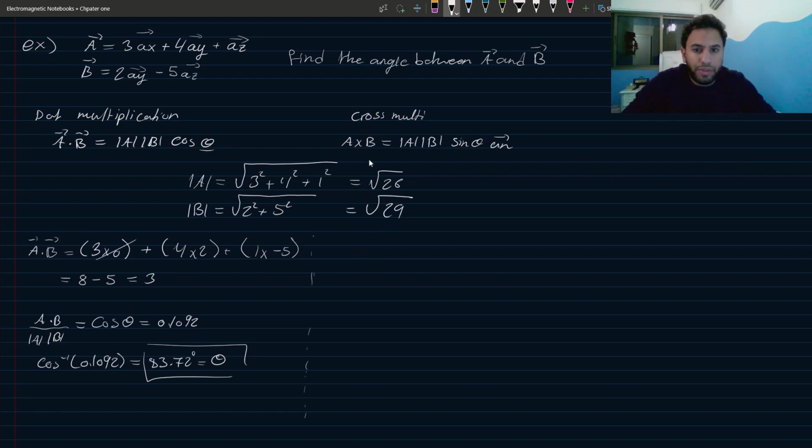First of all, what we need to do is A cross B. So A cross B is equal to the unit vectors AX, AY, AZ, then we write the components of the first vector, 3, 4, and 1, and the components of the second vector, 0, 2, and -5.